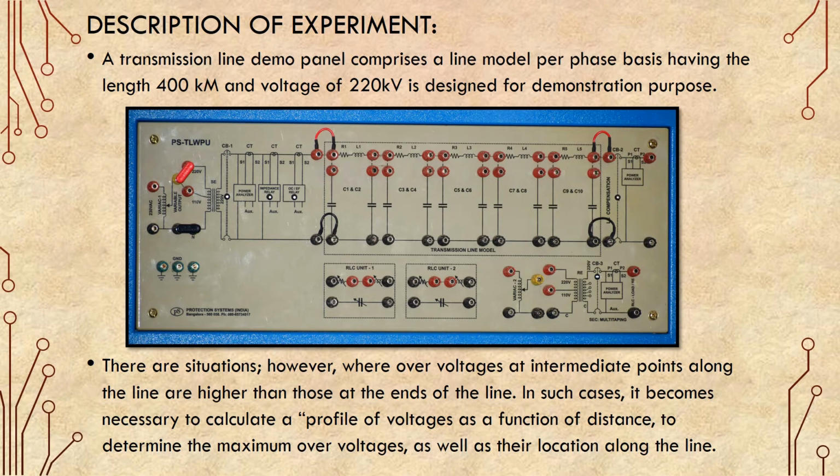If the voltage is more than 220 kV or more than the permissible limit of the insulator, then at any point in the transmission line it may fail. That's why we have to ensure that the voltage is within the permissible limit at the sending end, at the receiving end, as well as in between along the transmission line.